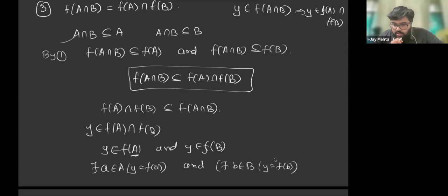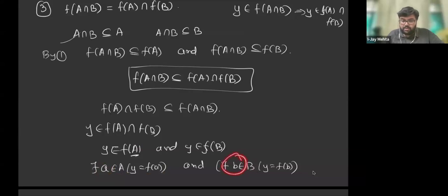Okay, how many of you understand this? How many of you agree with this? And how many of you understand that I have taken different notation here? Can I write x here, y equals f of x, and the same x here, y equals f of x? Right? So here there is some element in A, here there is some element in B. I have not written x because I don't know whether it is the same element or not.